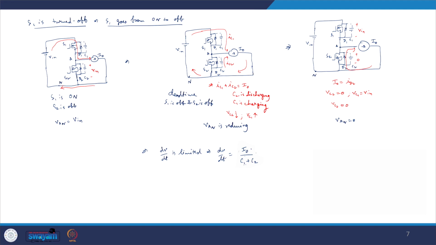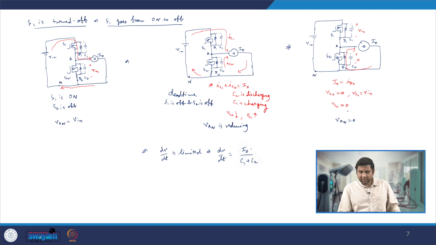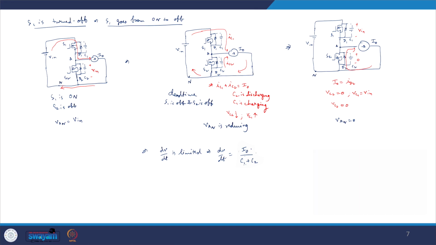Now what we have done is ensured our VS2 goes to 0 and the dV/dt is limited, which is given by I naught by C1 plus C2. However, these are non-linear capacitances; they depend upon the voltage across these devices. But they are limited, and they do not depend upon how fast you are turning on and turning off the S1 and S2 switches.